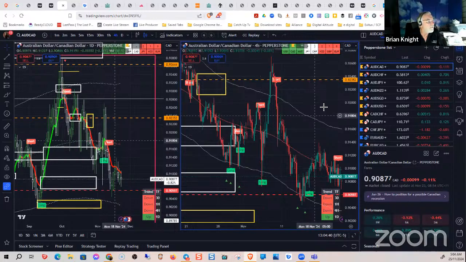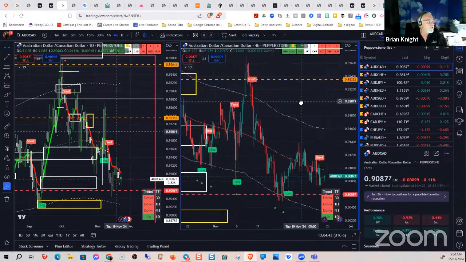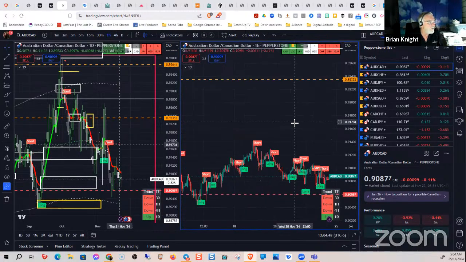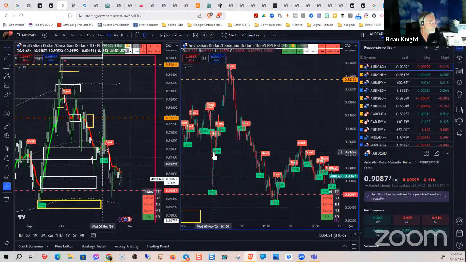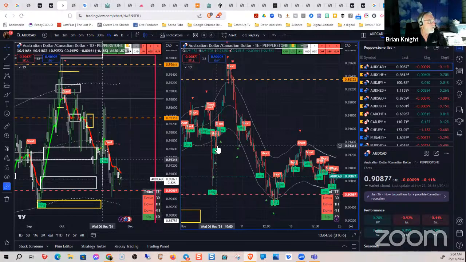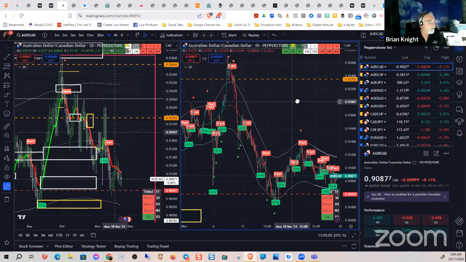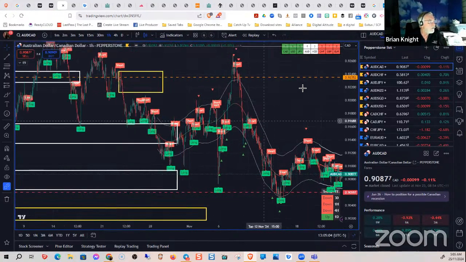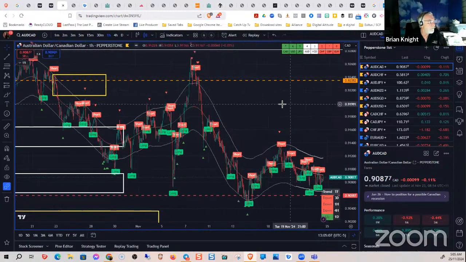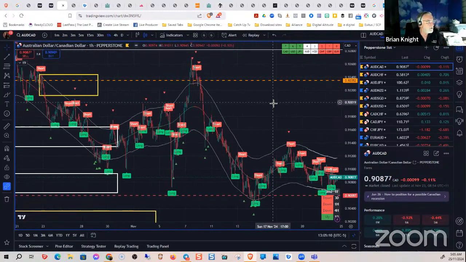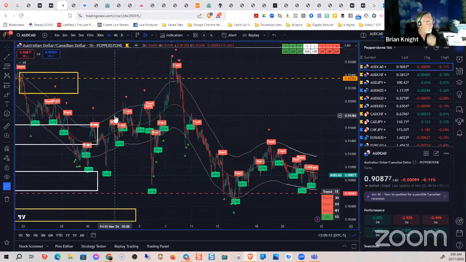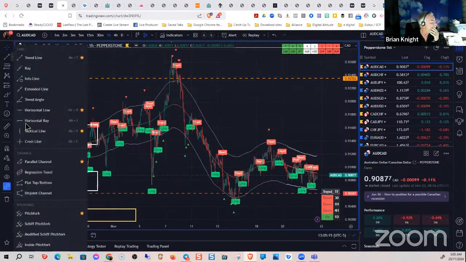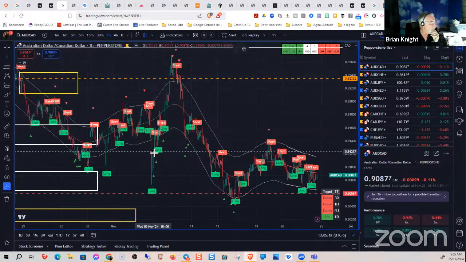Because we're on a 2 hour chart. What chart do they have? Do they have it on a 1 hour? I don't know what they had it on. All right, it's 10 o'clock there. Let's just put that, just as an example. This is AUD CAD anyway. We'll just see. Put a vertical line.